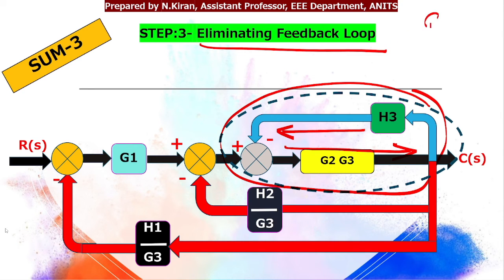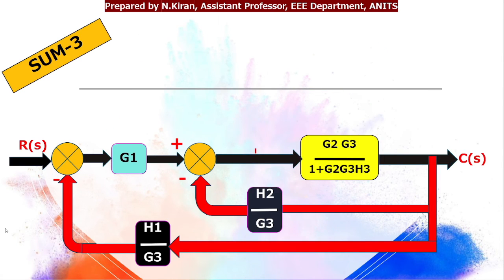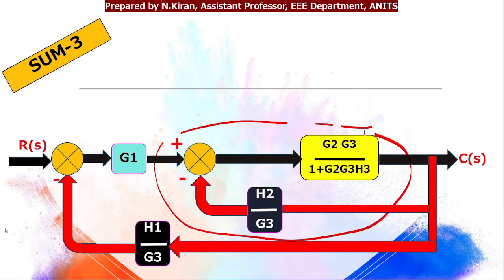We know the formula, it is g by 1 plus g into h, isn't it? So in place of g I have g2 g3, in place of h I have h3. So that will give me g2 g3 by 1 plus g2 g3 into h3. So here again I am getting one more feedback loop.